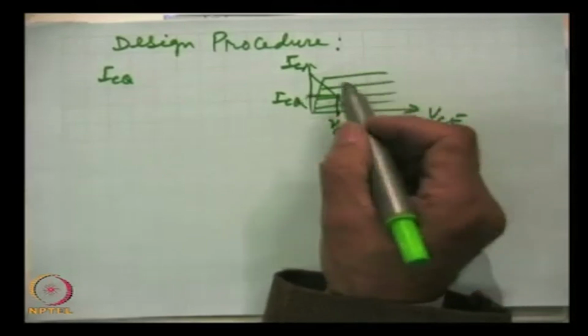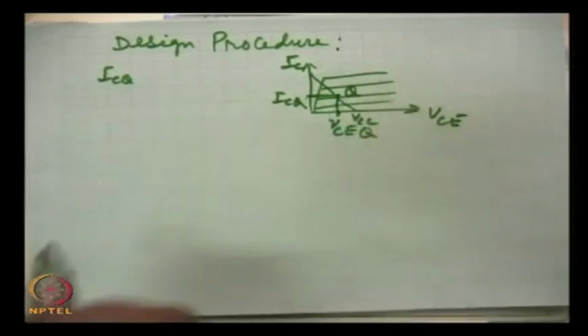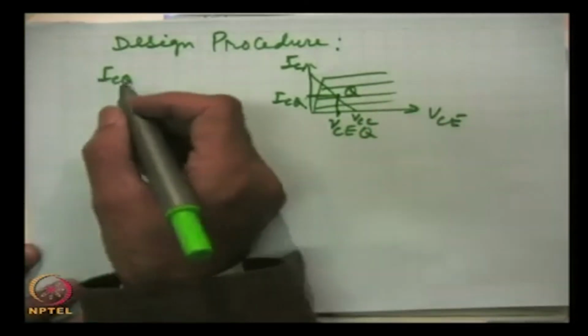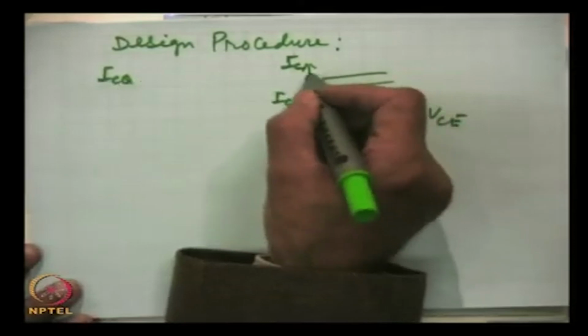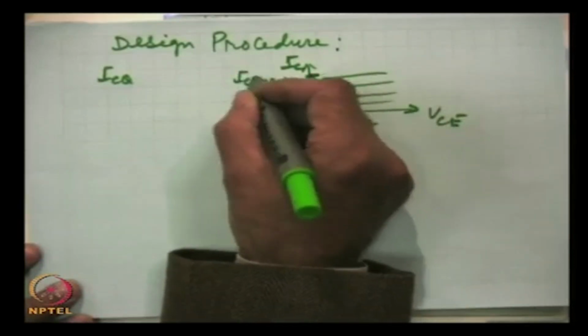If these characteristics are not available, as is often the case, then it is safe, because the manufacturer prescribed the value of this IC max.